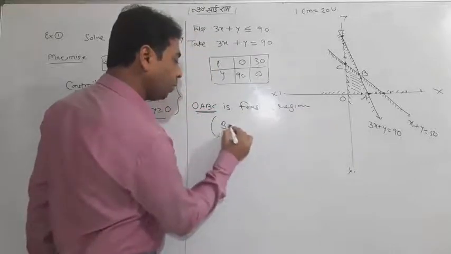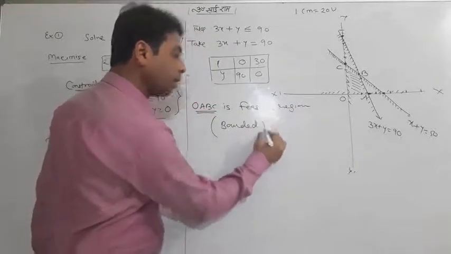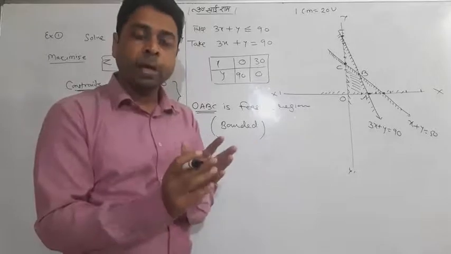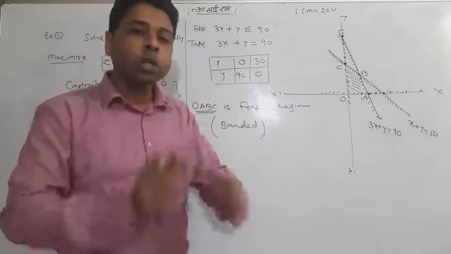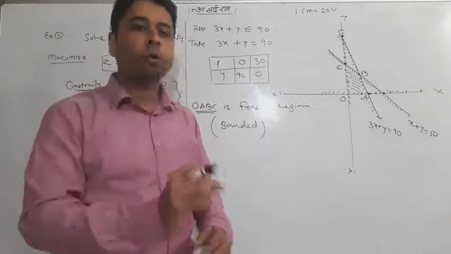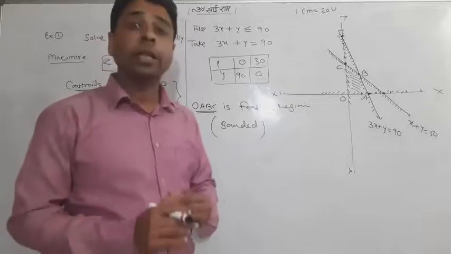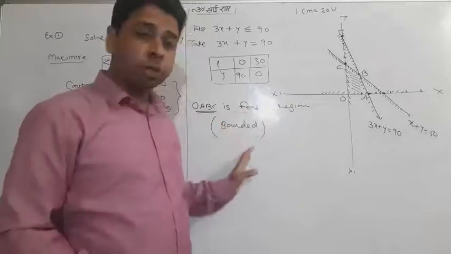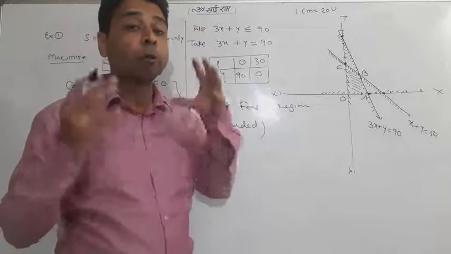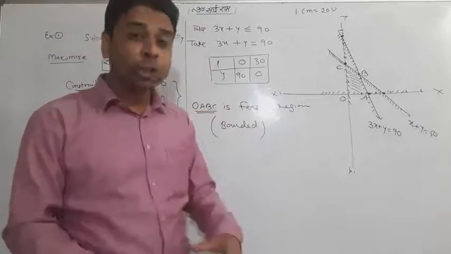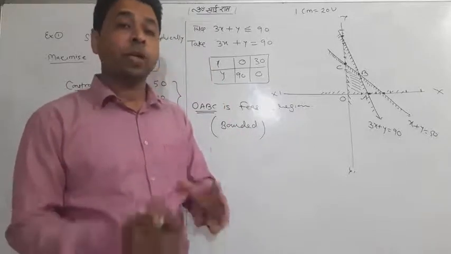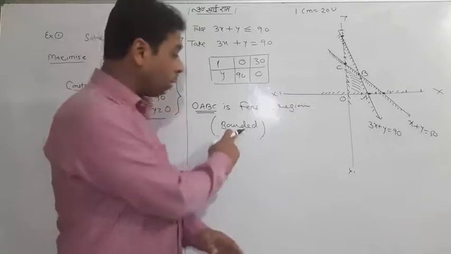Let me explain one very important thing: this year the unbounded condition is not in your syllabus. That is a good relaxation. Only bounded region questions are in your syllabus. According to the new syllabus, we will study only the bounded condition.